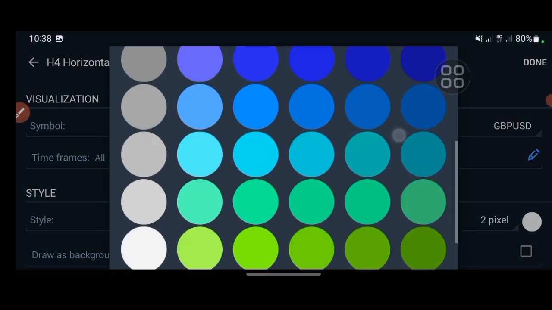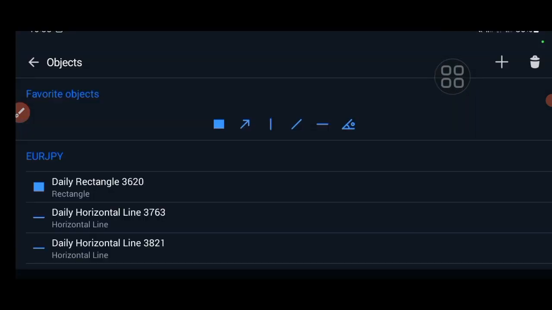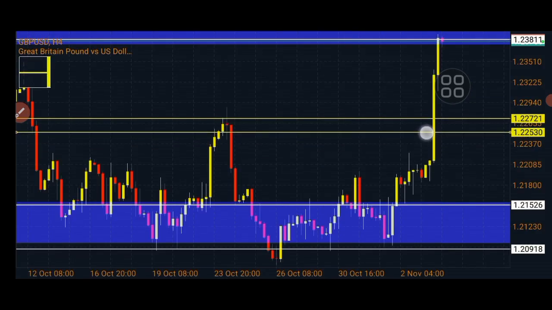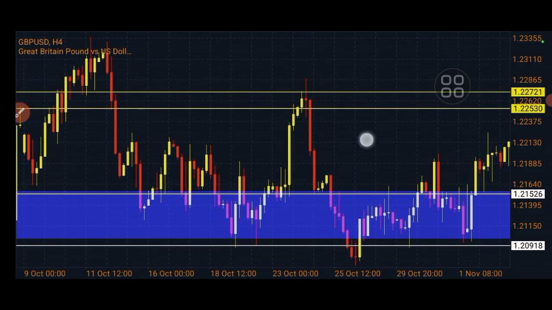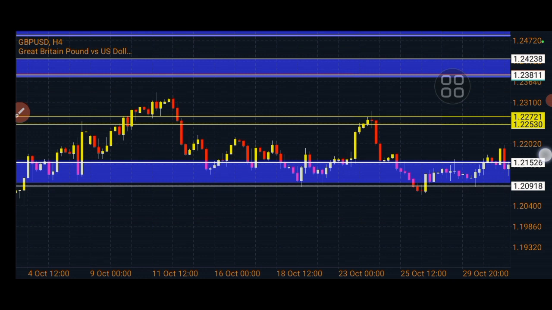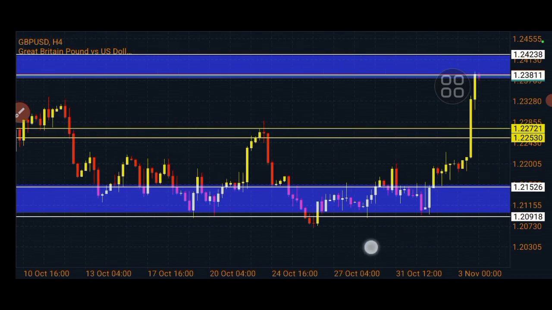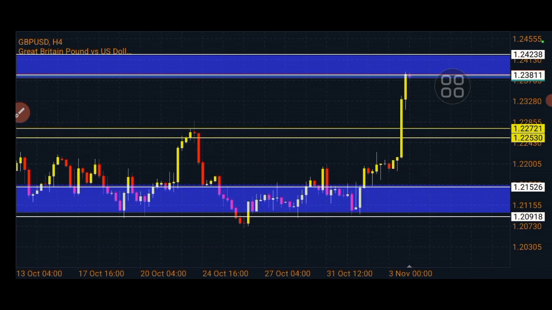We have to monitor it and see what is going to happen in this H4 region. Yes. So these are the zones we are going to work with.